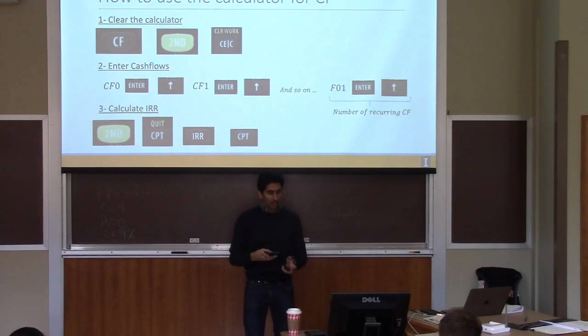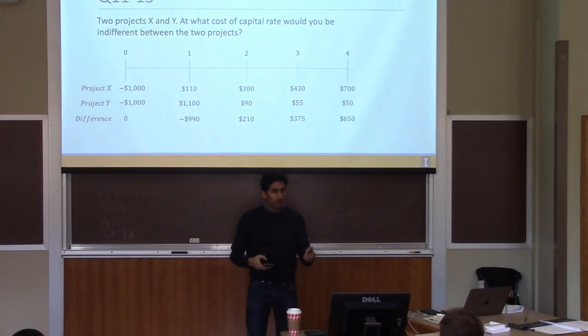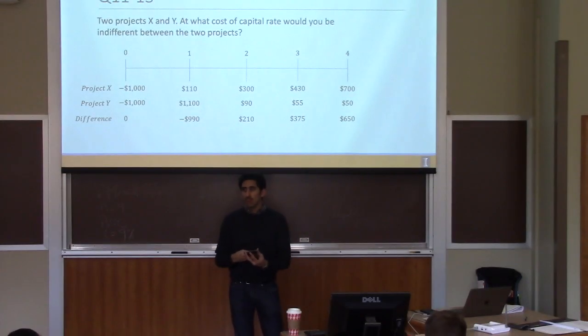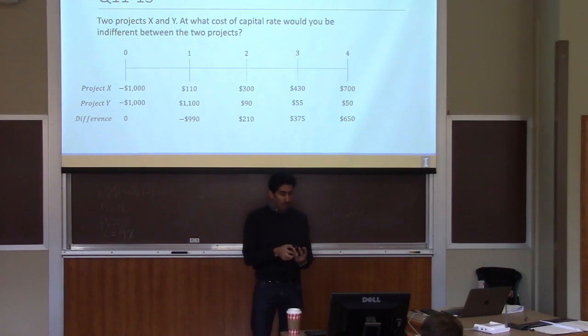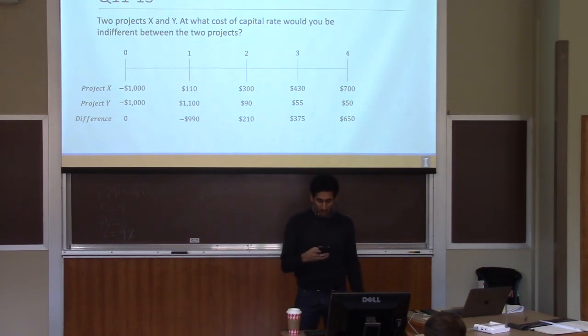Now we have to enter the cash flows. What is cash flow 0? 0. Exactly. Cash flow 0 is 0, enter. Next, cash flow 1 is 990, right? Enter. Next, cash flow 2, 210, enter.